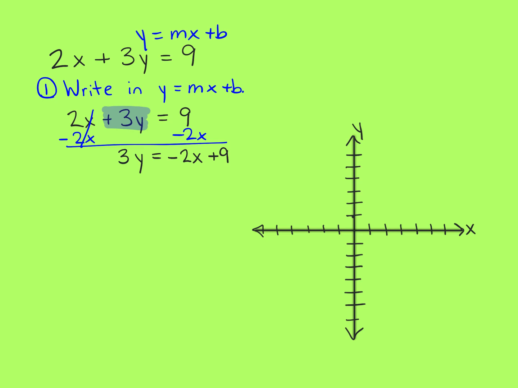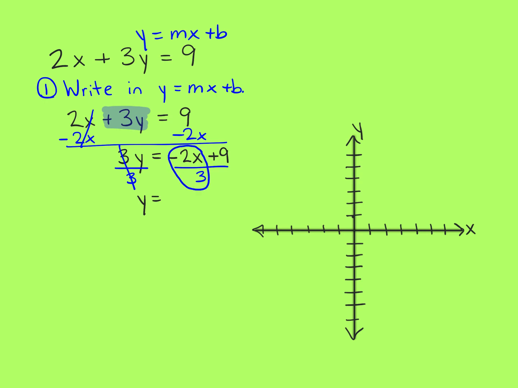Now we want to get y by itself. So we need to get rid of this 3 that's in front of y by dividing both sides by 3. What we do to one side, we're going to do the other. And so 3y divided by 3, the 3's cancel out. We just get y. And on the right side, we're going to take -2x and divide by 3.